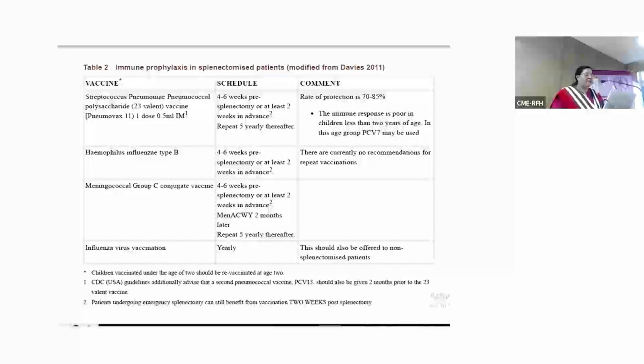If it is not a planned surgery, he can go within 2 weeks of surgery for immunization and repeat immunization after 1 month. Influenza vaccines are to be given 4 to 6 weeks before. Again, Hep and pneumococcal, these two vaccines are again to be given along with PCV. And influenza vaccine, if it is available, has to be given yearly for all thalassemia children.